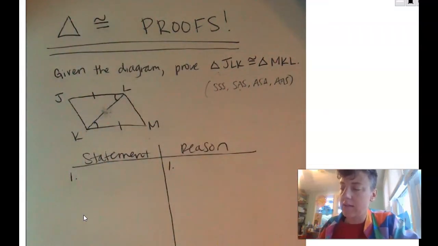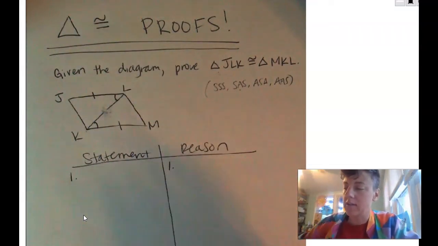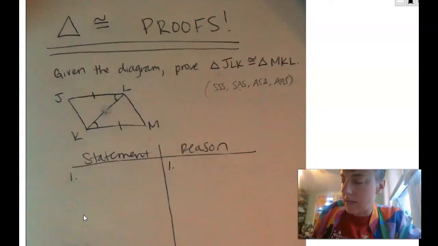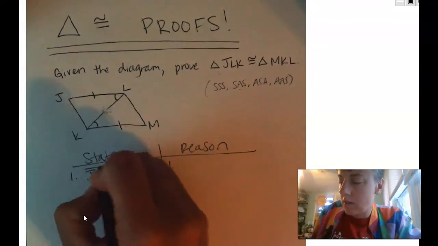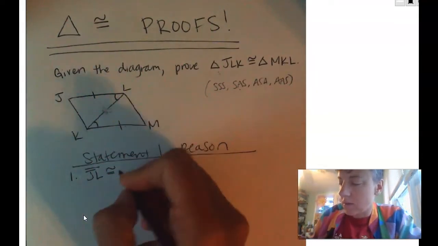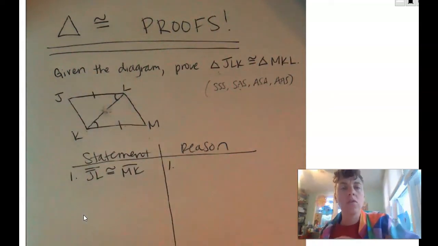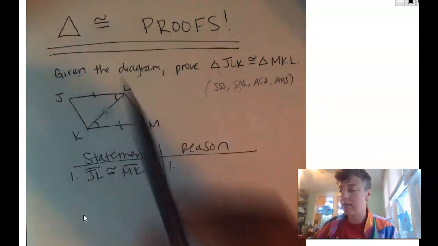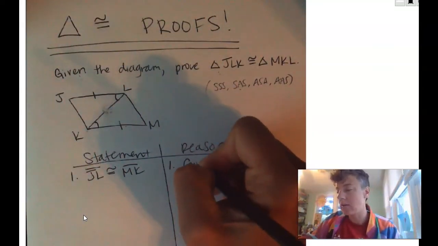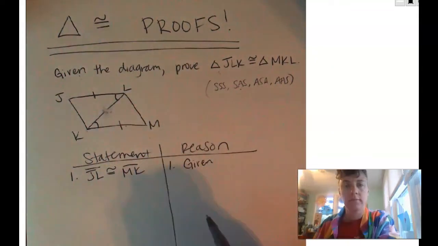We see, like we said, we had a pair of sides that were congruent. So we could say segment JL is congruent to segment MK. Why is that true? Well, it is given in the diagram. Given. And what else was given in the diagram?